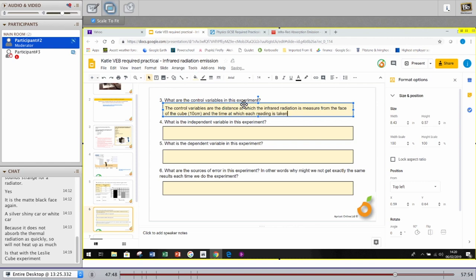Not so much the time, because really we're trying to do them all at the same time, because the reading with that thermometer is kind of almost, why did I say we had to try and take the readings? Once you've got the Leslie cube, once you've given it time for it to have warmed up all the sides, I said you then have to take your readings really quickly. Why were we trying to take the readings quickly? To make sure that what hasn't changed between the readings.